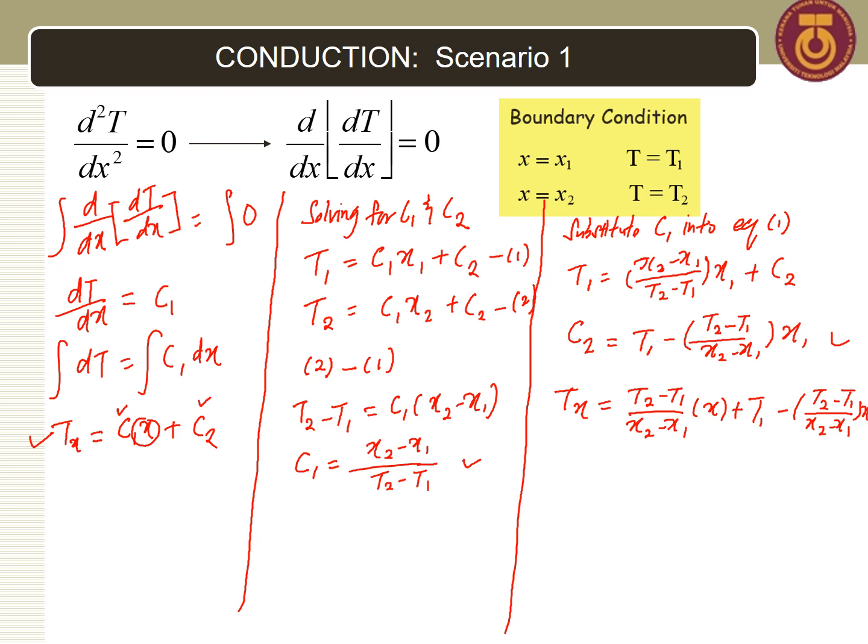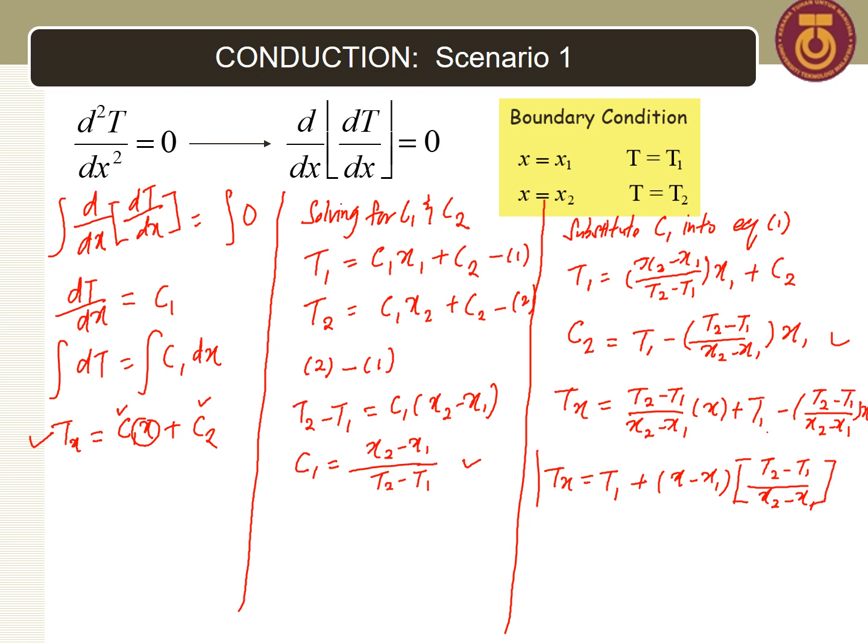Then let's factorize it so that it looks shorter. At the end we get T(x) equals T1, we move it to the front, plus x minus x1 times T2 minus T1 divided by x2 minus x1.